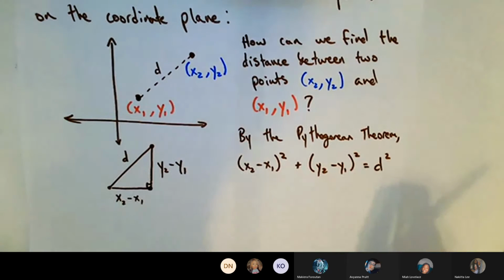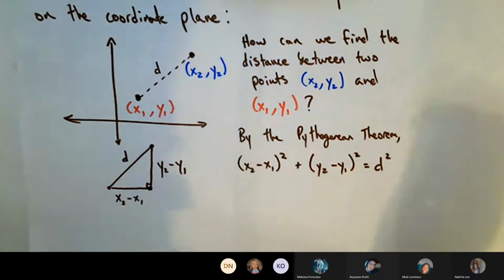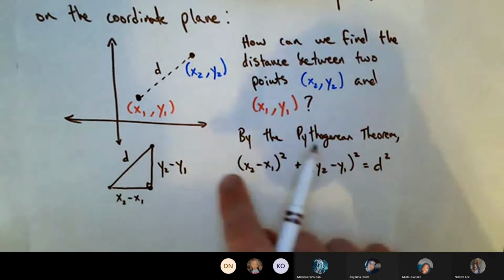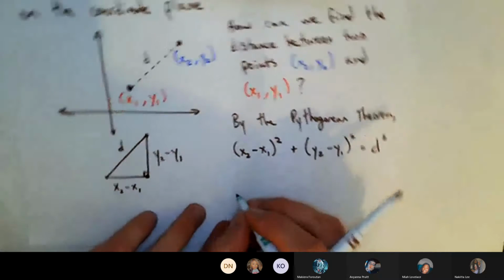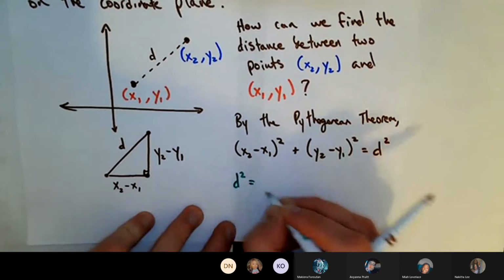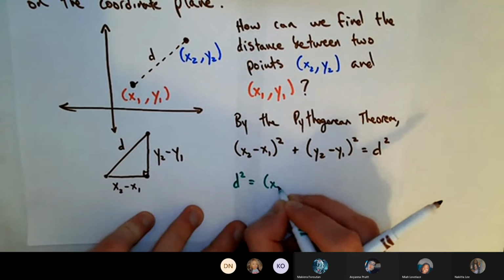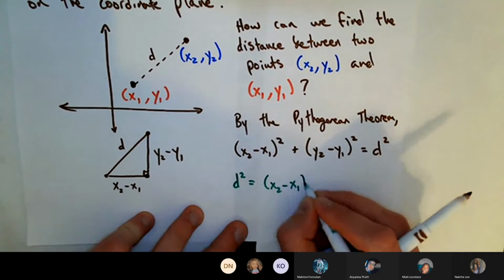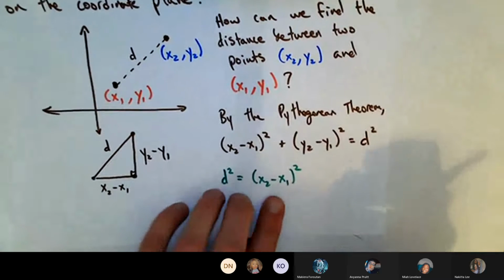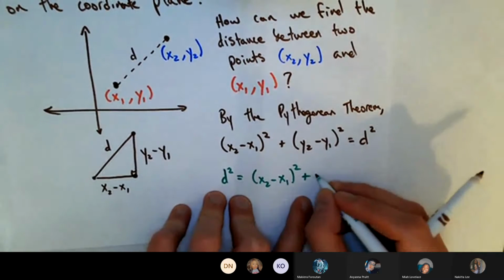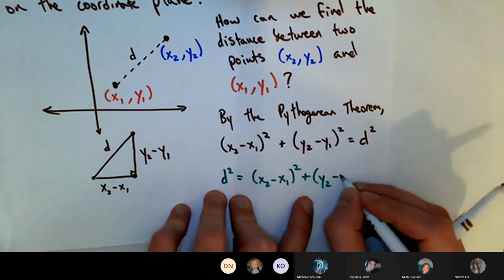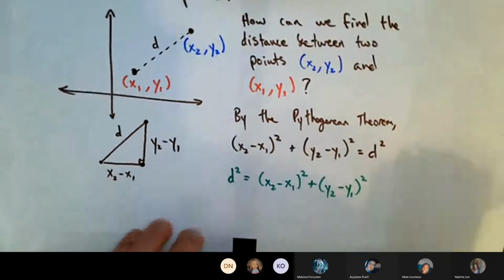here. In other words, let me flip it around so that the d is on the left side because it looks better that way. So d squared is x sub 2 minus x sub 1, the difference in the x value squared, I'm just rewriting the formula right now, plus the difference in the y value squared.